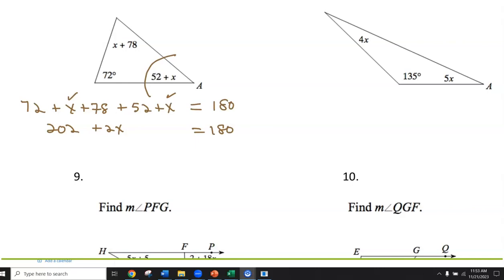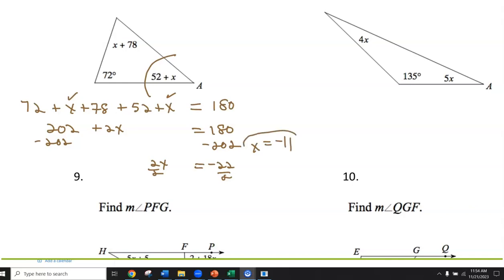Okay, I want to get x by itself. Undo PEMDAS, and I'm going to subtract 202. So 180 minus 202 is going to give me negative 22. So 2x equals negative 22, divide by 2, and x equals negative 11.